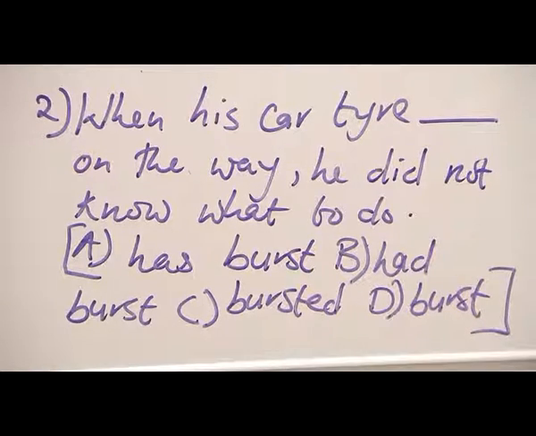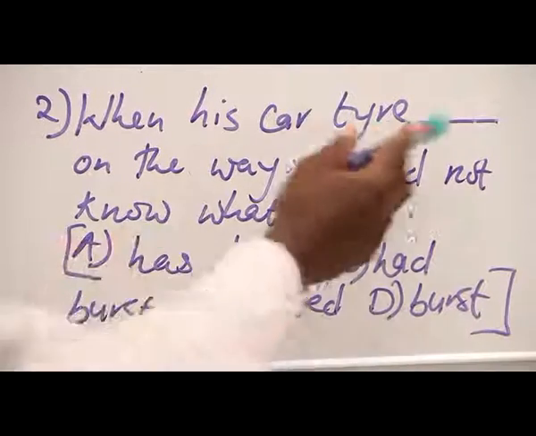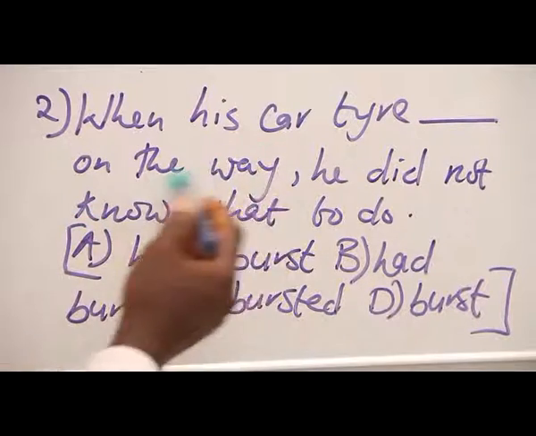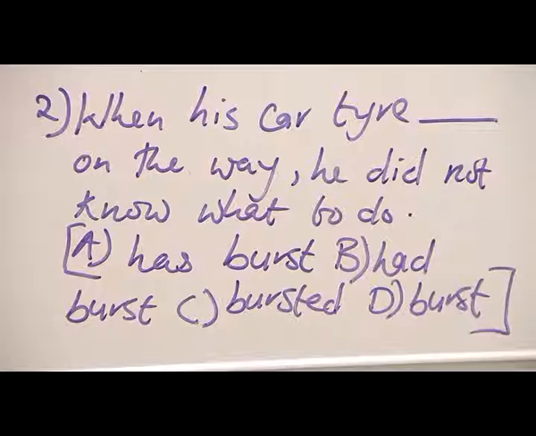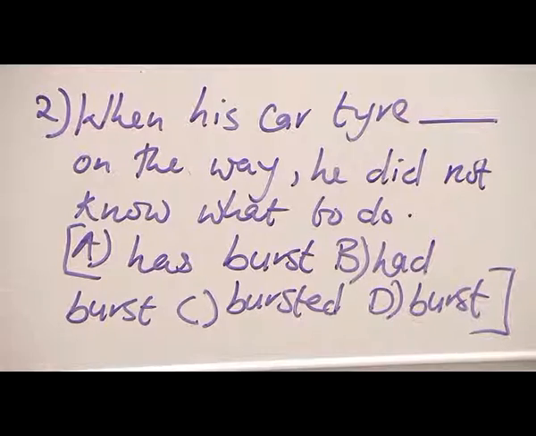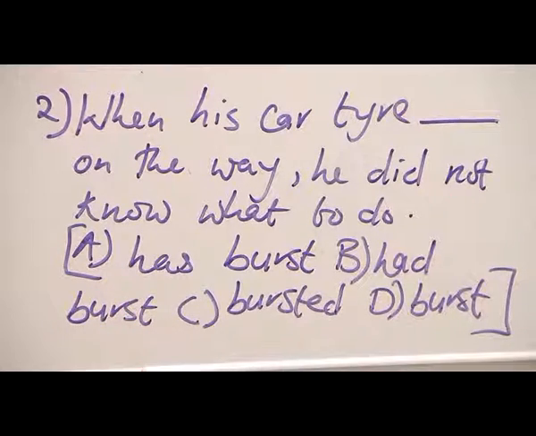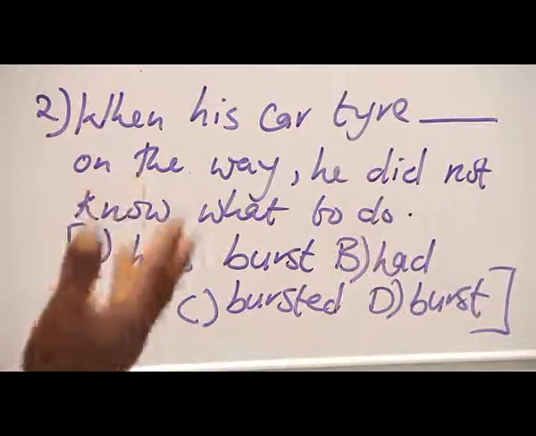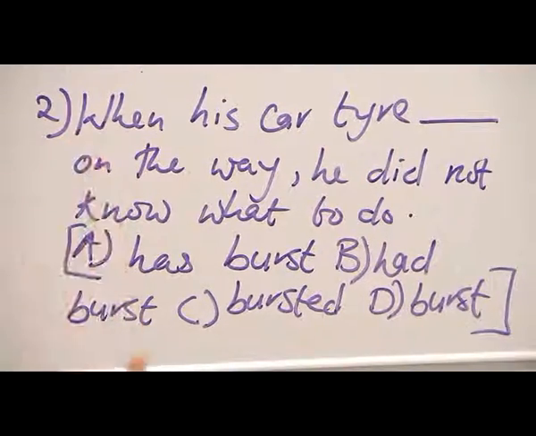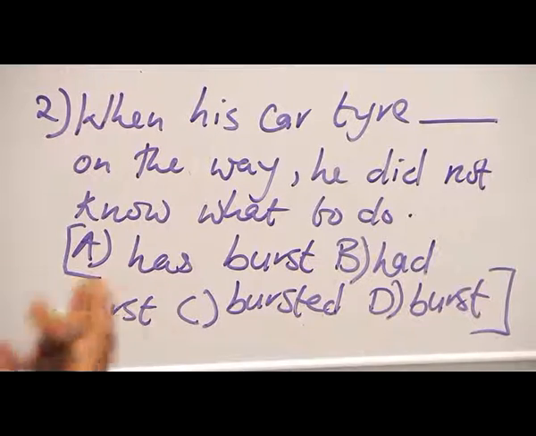Question number 2. When his car tire dashed on the way, he did not know what to do. The options are: A, has burst. That is, when his car tire has burst on the way, he did not know what to do. And then B, had burst.